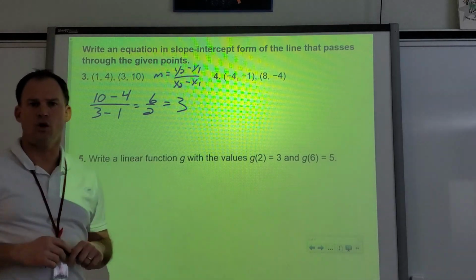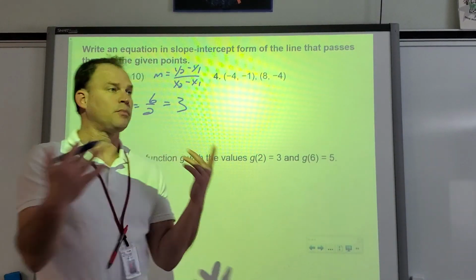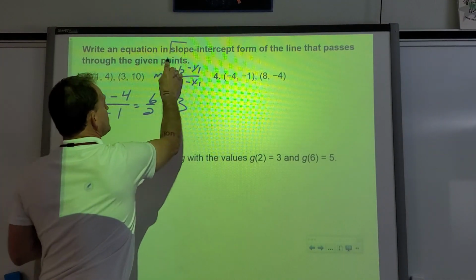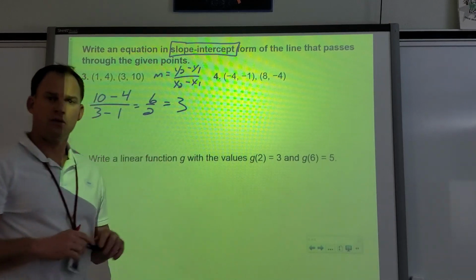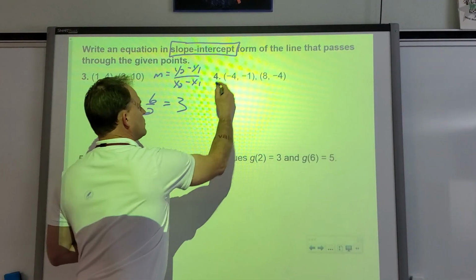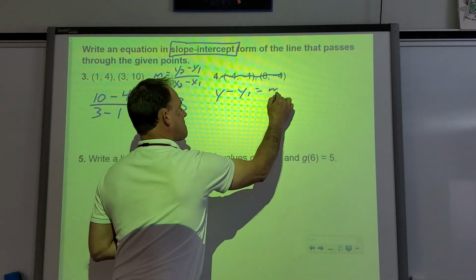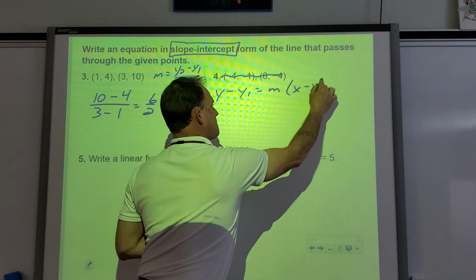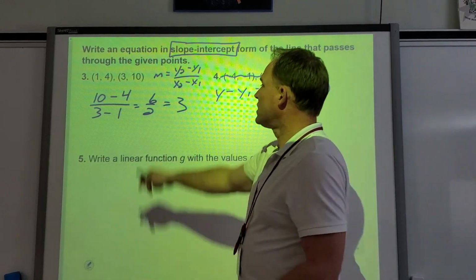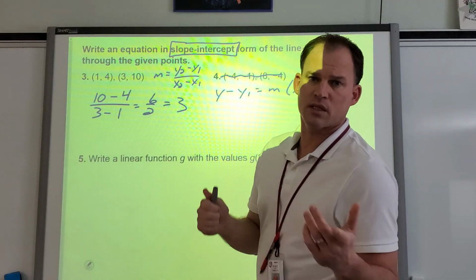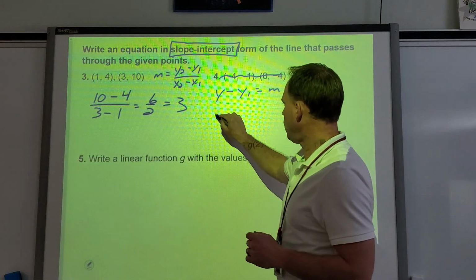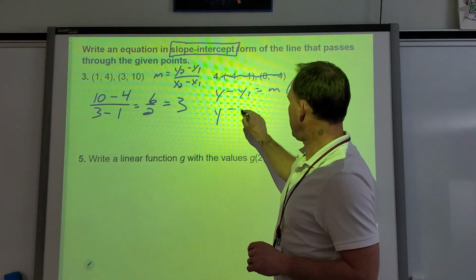That is my slope. So now we finished the problem, and it tells me slope intercept, so I got a little work to do. I plug it in just like normal. Plug in the points. It doesn't matter which one you want to use. You'll get the same answer either way. Y, I'm going to go with the first point, minus 4.